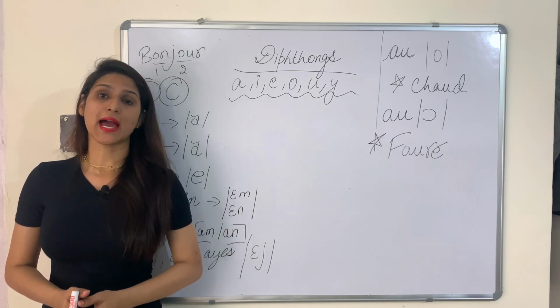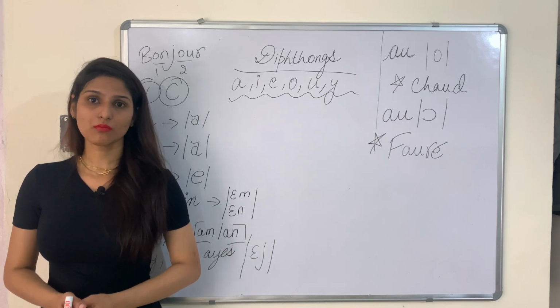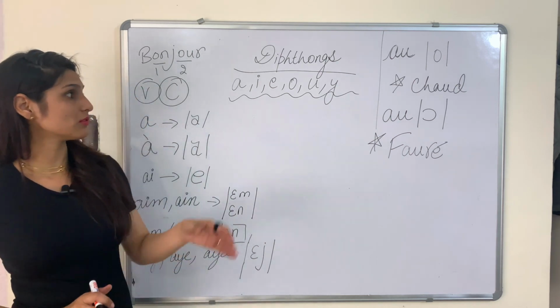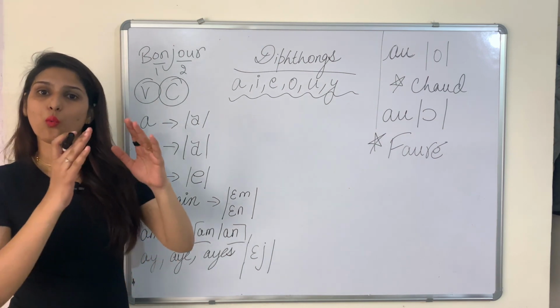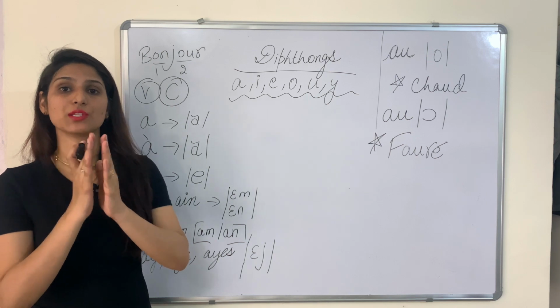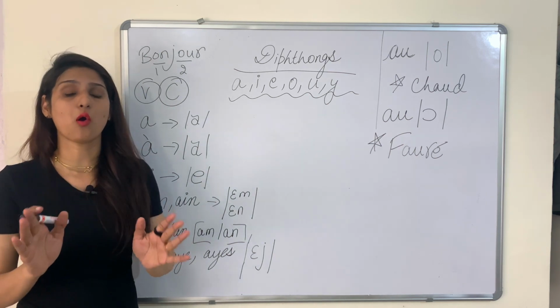Also, it has phonetic signs, les accents. Now, what are diphthongs? In this video, we are going to do diphthongs which are actually one single letter or two letters which make a fixed sound which is not going to change at all.